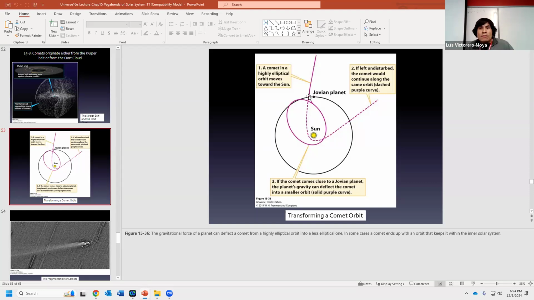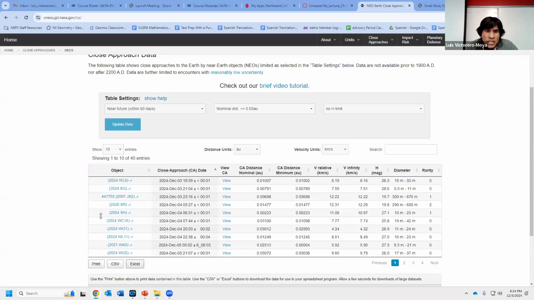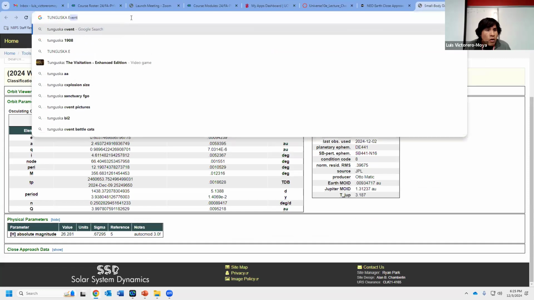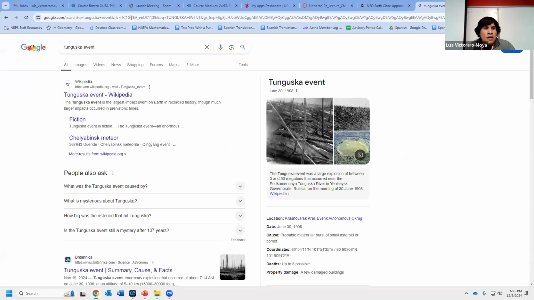And you can also claim that we have had encounters or situations like the Tunguska event. You know, the Tunguska event, what we think was, it probably wasn't an asteroid, but maybe a piece of a comet that entered the planet and exploded before reaching the ground.